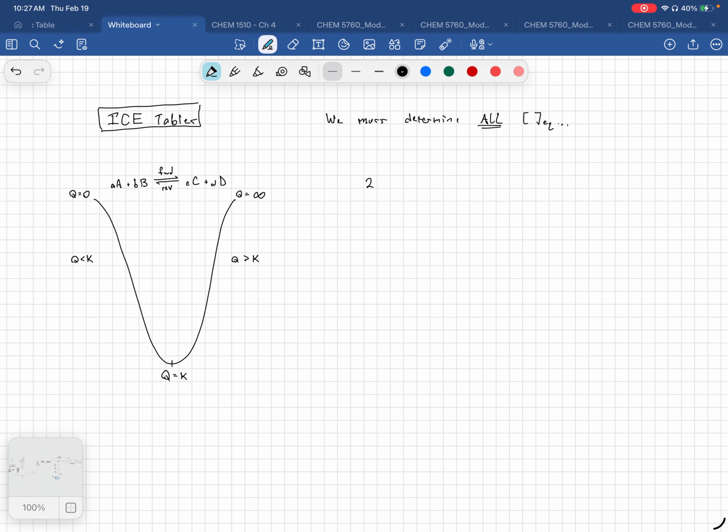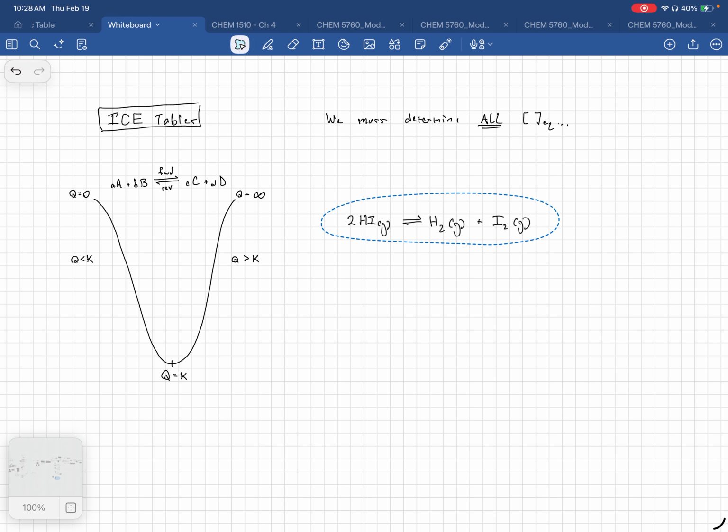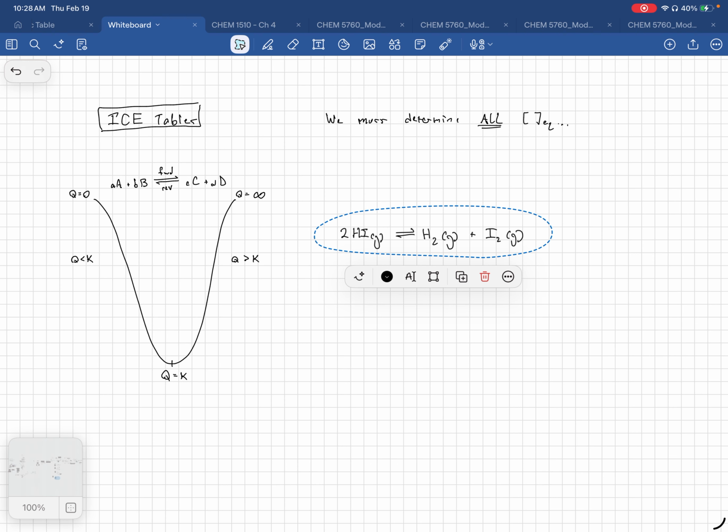So let's say we have the following reaction, 2HI gas, in equilibrium, forms H2 gas plus I2 gas. Move it down a little bit, okay?